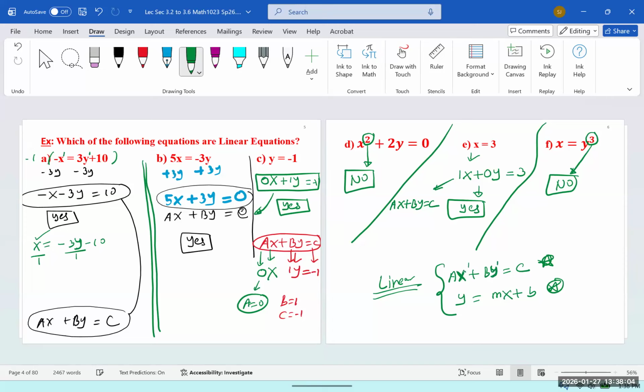Y has an invisible 1 power. Same thing here. Y has an invisible 1 power. X has an invisible 1 power. So in both formats, x and y have only 1 power. But look here. Y has 3 power. Automatically not linear. Okay? Any question?